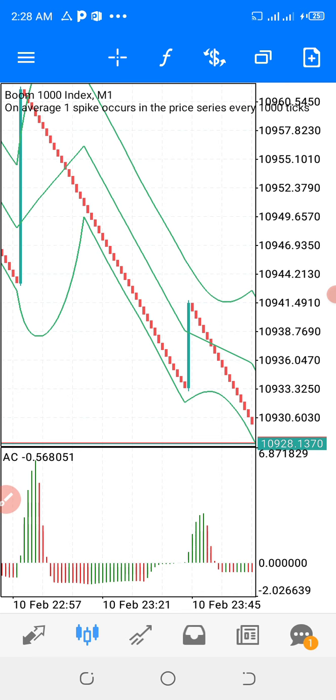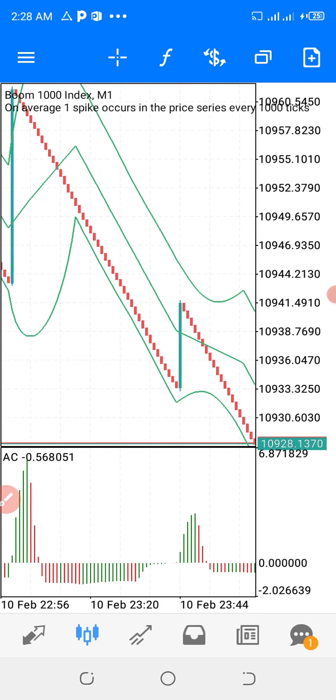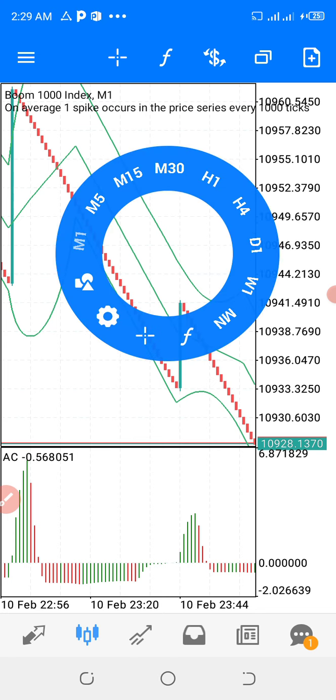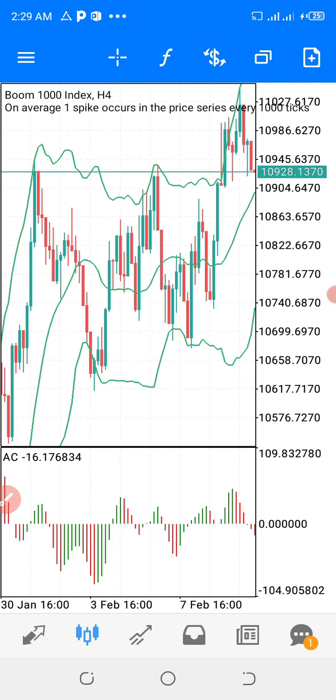What I mean when I say trend is specifically for this strategy. Sometimes spikes can follow the trend if it's an uptrend, but here I mean something specific. Okay guys, please get me right. So how do we identify whether it's a downtrend? You open your 4-hour chart.